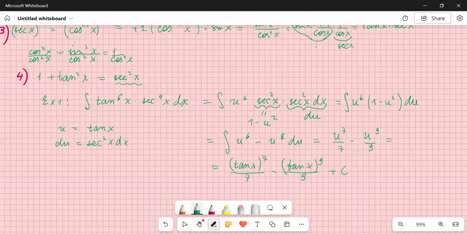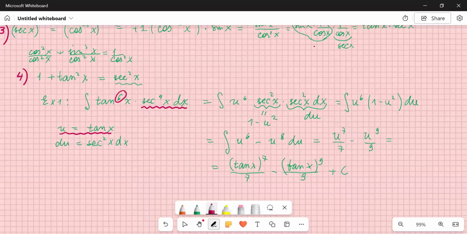Well, that was a case when you have an even power of secant. Why is an even power of secant important? Well, if you choose substitution tangent, it does not matter what the power of tangent is here. Odd or even, it's going to become a new variable automatically. But for secant, everything is not that simple.